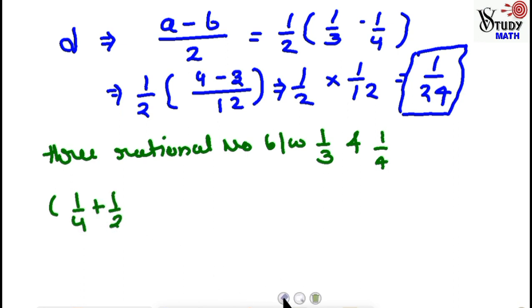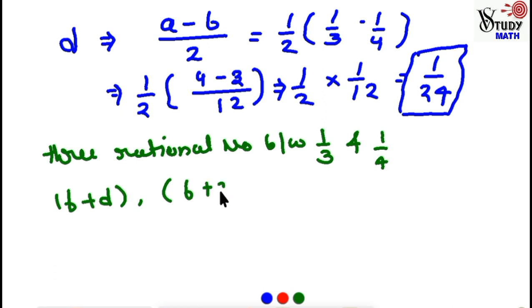Sorry, I'm going to do this in the proper manner. The formula is: A is the larger number, so I'll take the smaller number. So B plus D is the first rational number, B plus double of D is the second rational number, and B plus 3D is the third rational number.